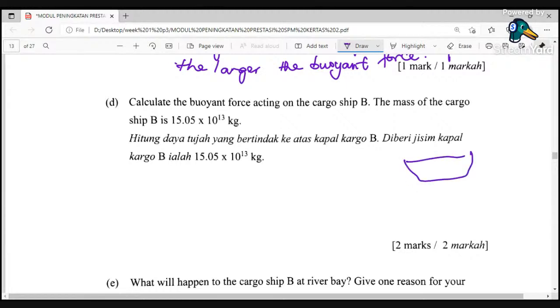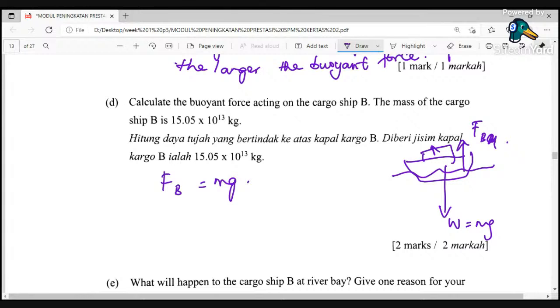Okay, when the ship floating at rest, forces that act, kita ada weight of the ship and also buoyant force, F ya. So because floating at rest, forces are balanced, buoyant force equals to weight of the ship, or equals to weight of liquid displaced.